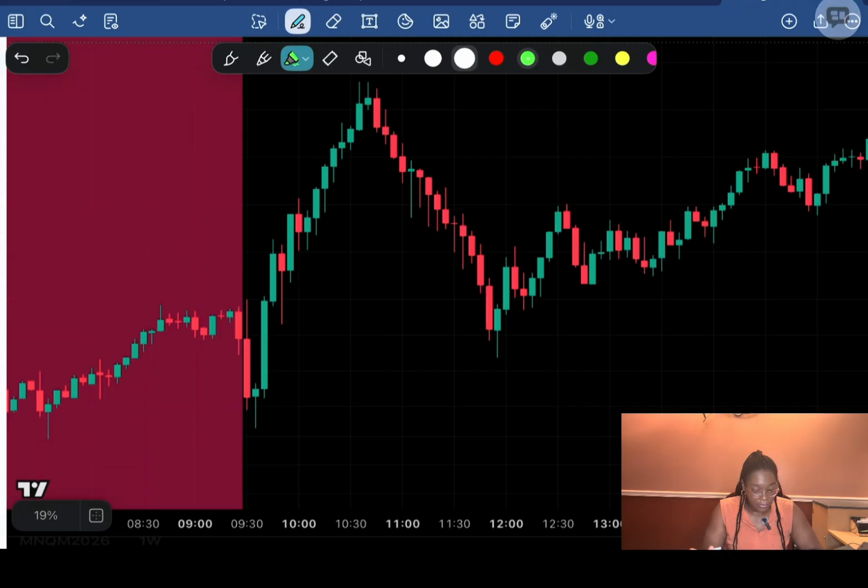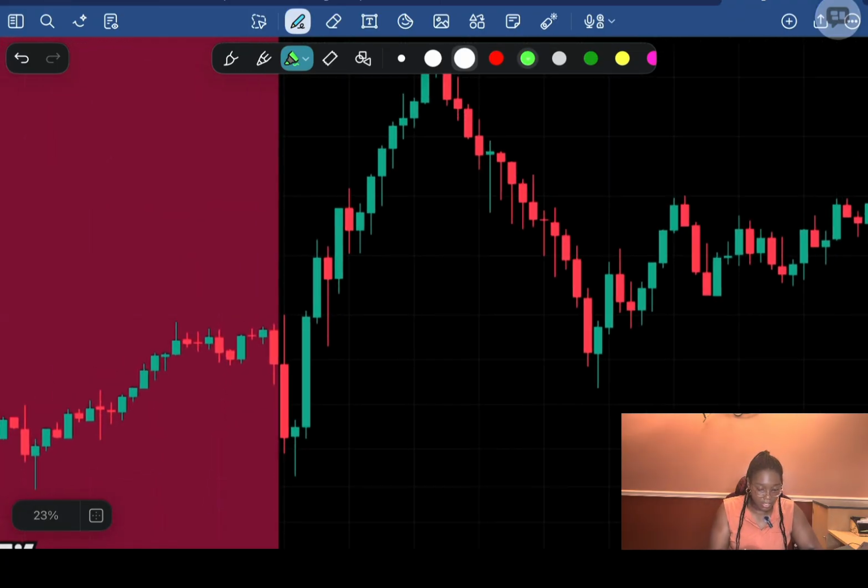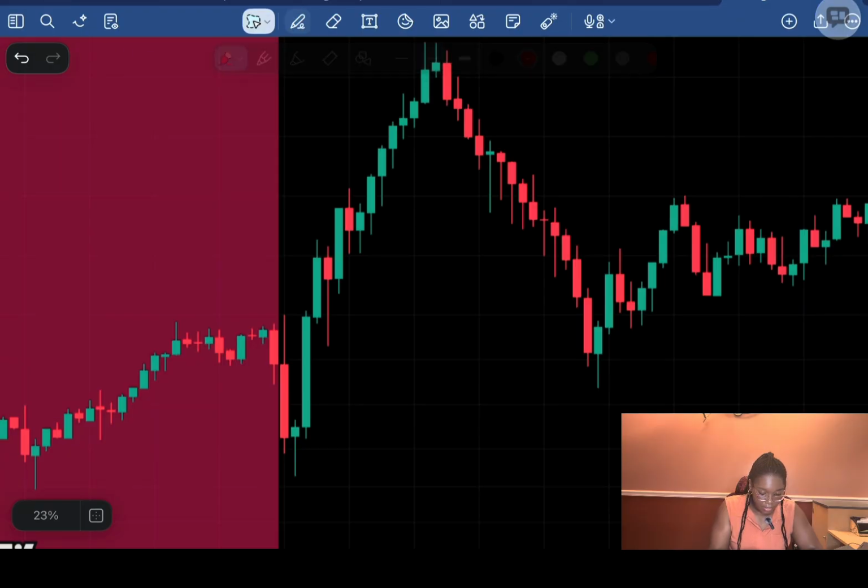But for now, going forward, looking at this chart, starting on this side, we see that there is a high right here. There is a low right here.